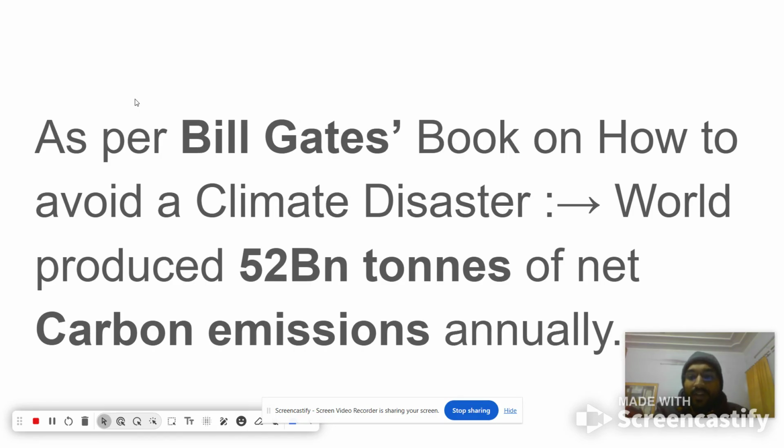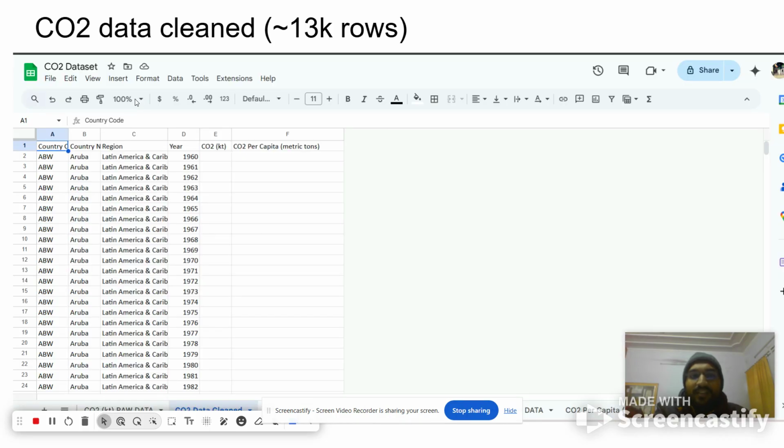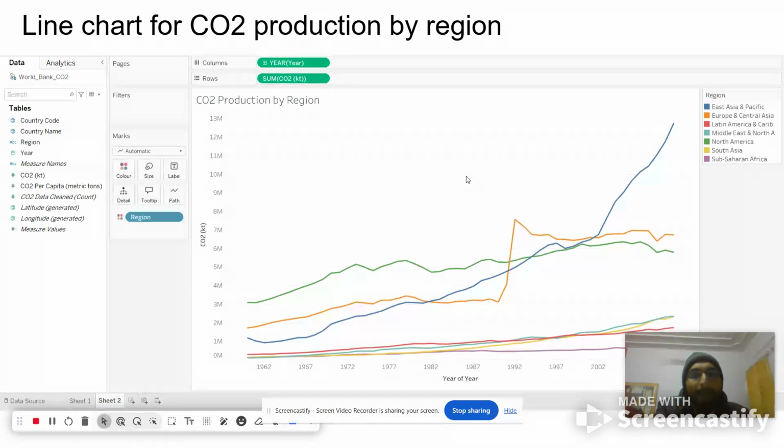So it is crucial to see which areas are doing worse and, region wise, where most of the carbon emissions are coming from. So with the Google data, first I had raw data, then I cleaned it, and after cleaning I can see that I have around 13,000 rows that are cleaned.